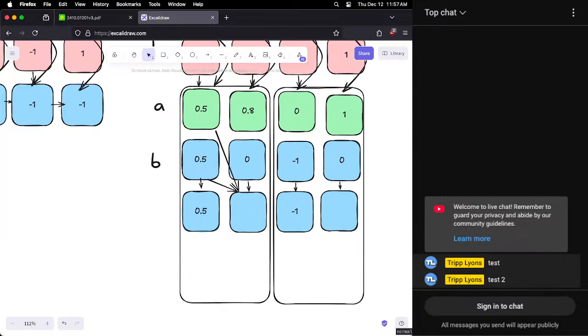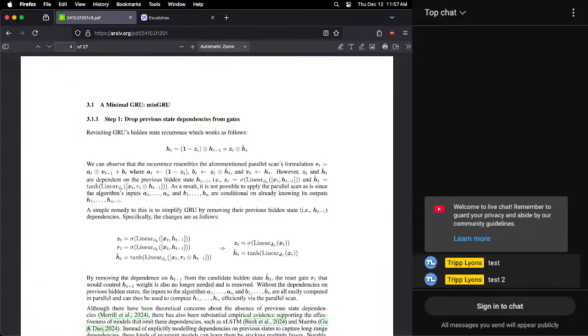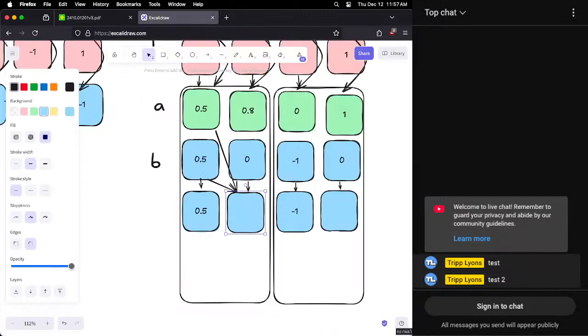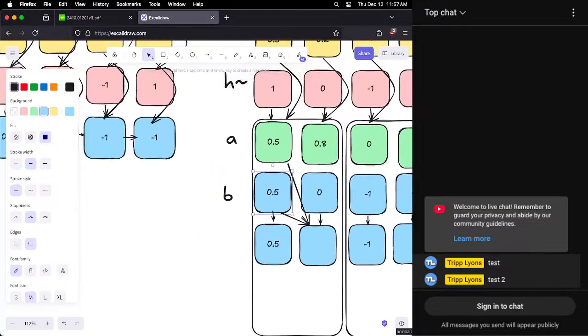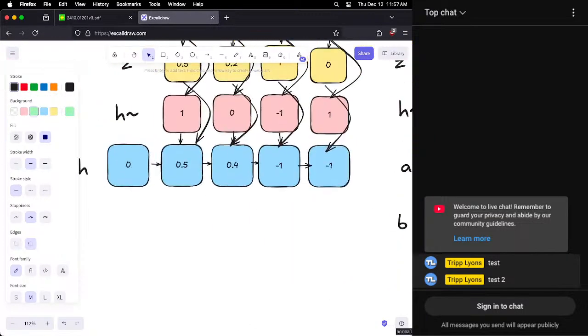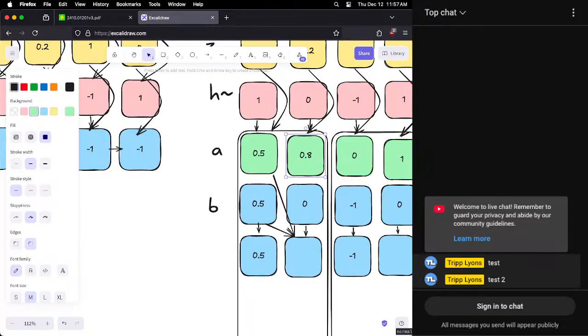So it would be this A times this B. Yes. So this would be 0.5 times 0.5. Or no, maybe it's this B. Or this A. Yes.